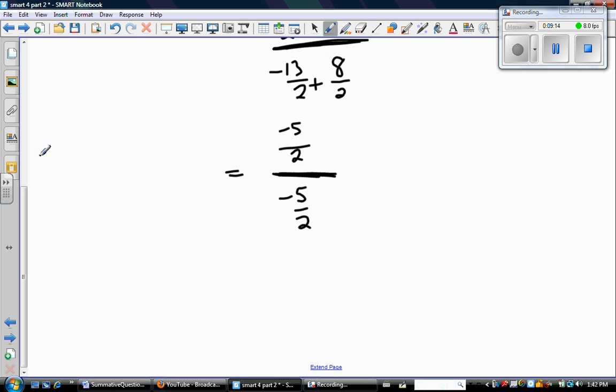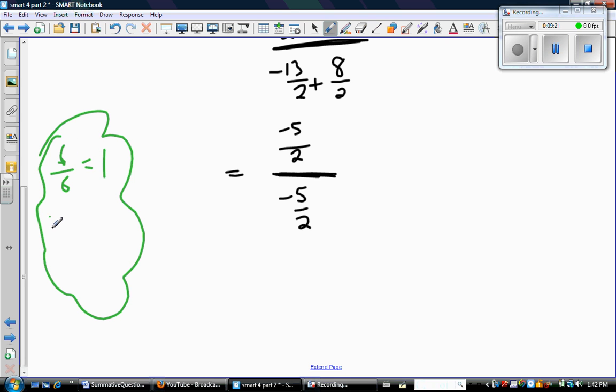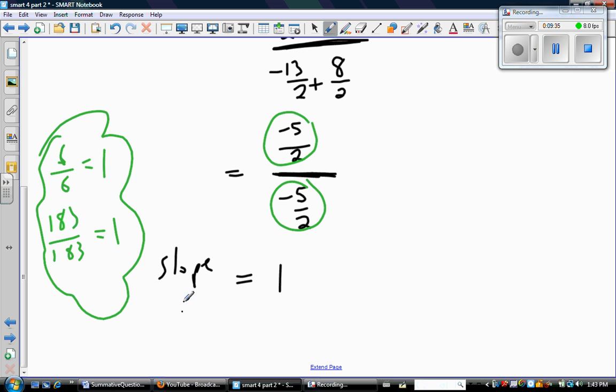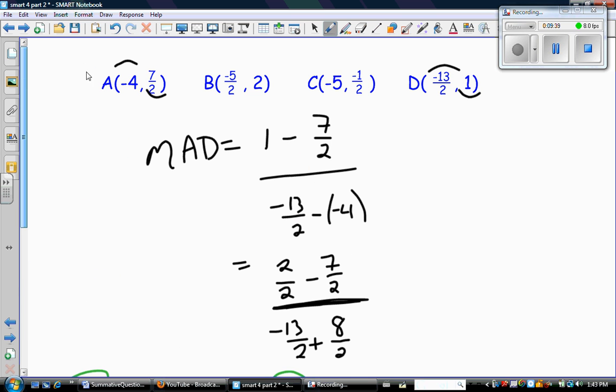I'm sure I don't need to tell you this, but if you had 6 over 6, what would that be? 1. If you had 183 over 183, that would be 1. So anything over itself is just 1. So the slope of AD is just 1.